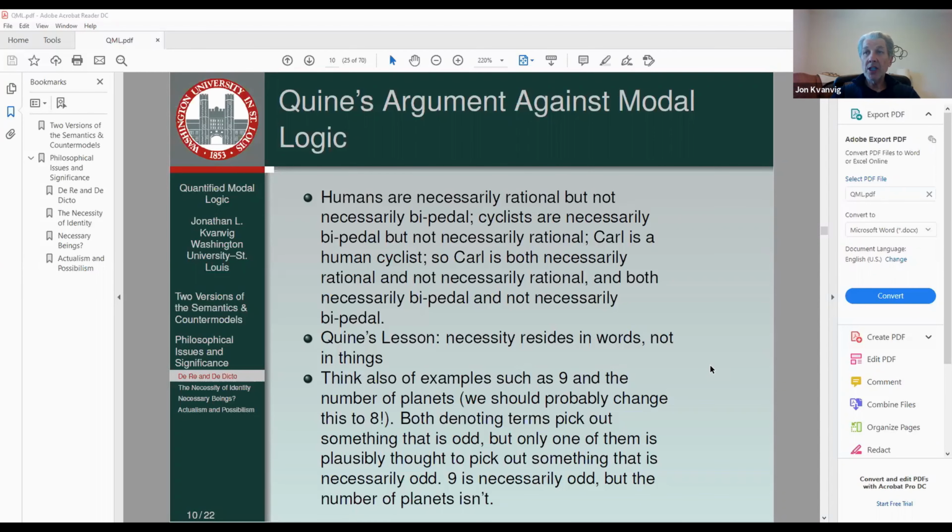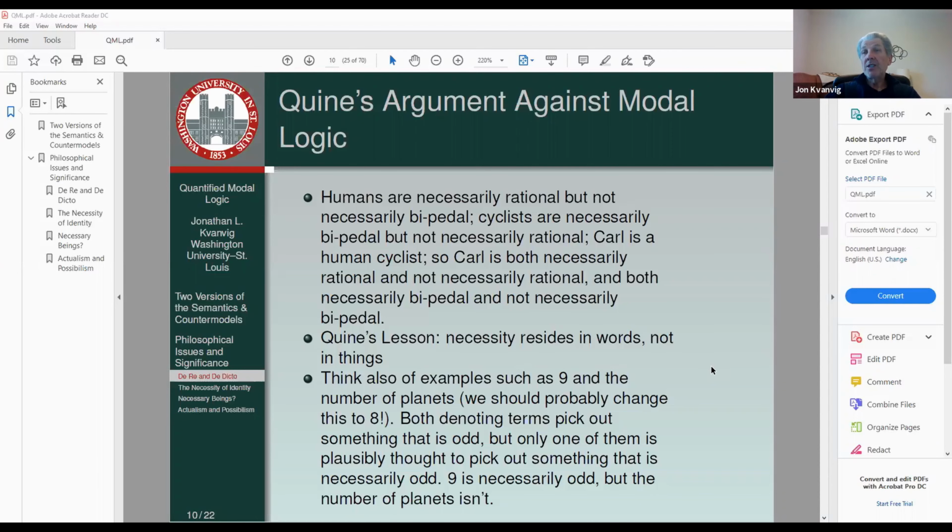It essentially has that property. It could not lack that property. The number of planets, on the other hand, doesn't have that property essentially. It may have that property if there really are 9 planets, but even if 9 is the number of planets, it didn't have to be that way. So the number of planets could have been something other than 3 to the power of 2.